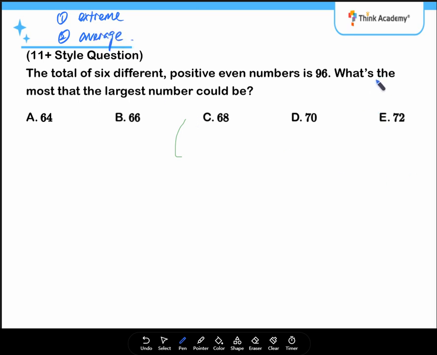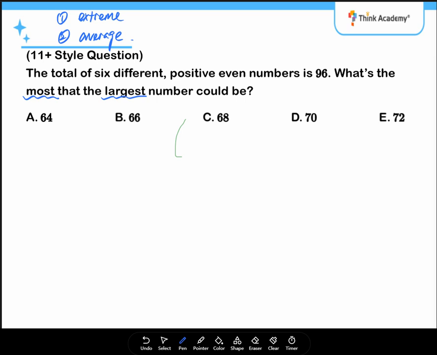What we need to figure out is the most, the largest number. Type 1 or 2.